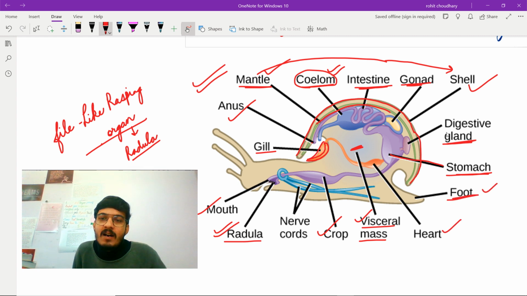The three main parts are: one is the muscular foot, the second one is the visceral mass, and the third one is the mantle. These are the three main parts.